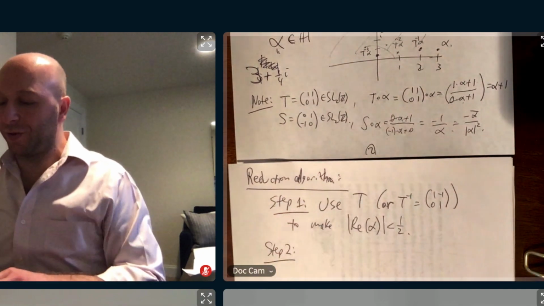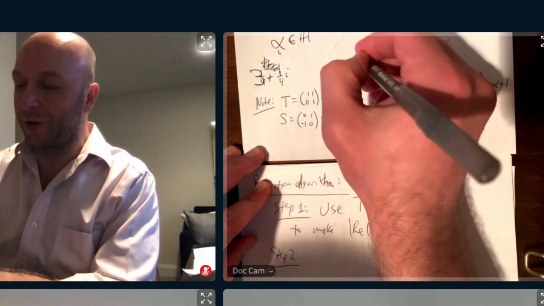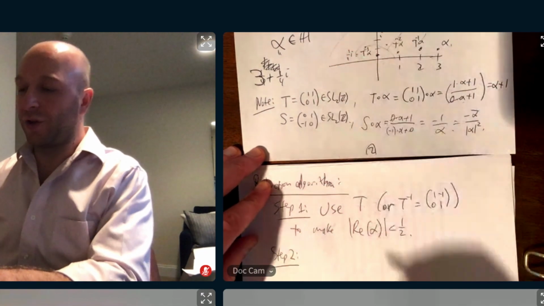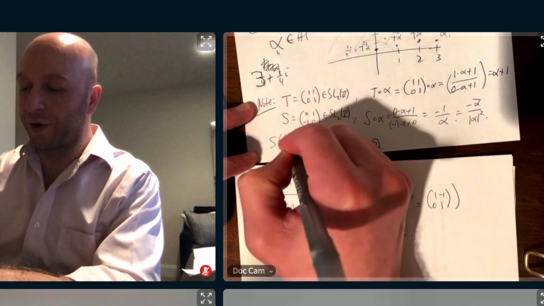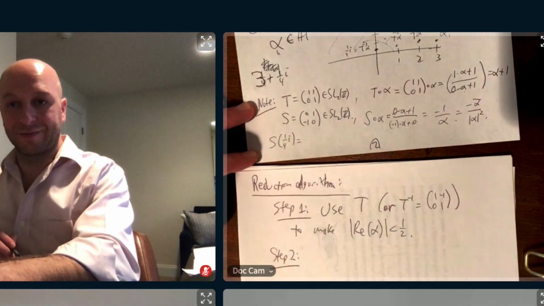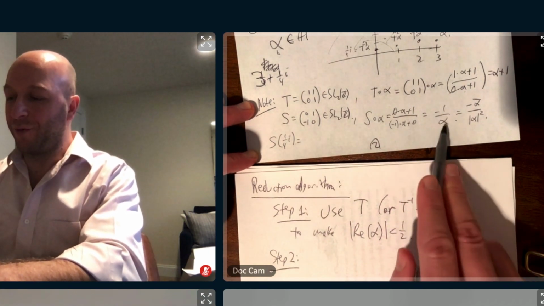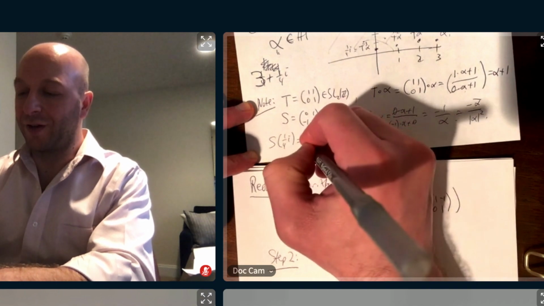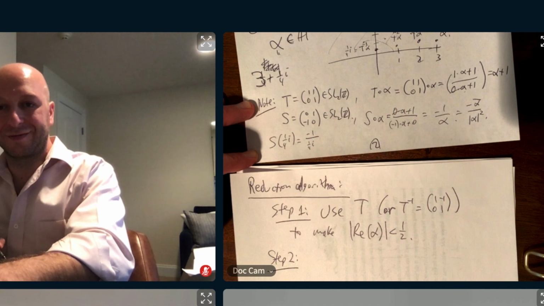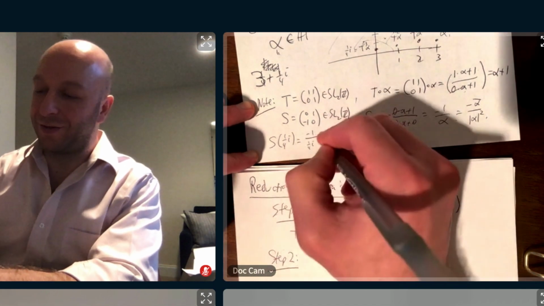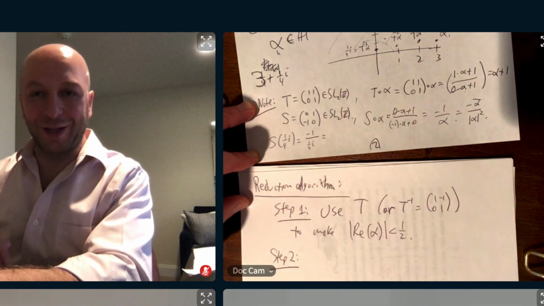So what does this do? Well, this number is 1/4 i. So let's work out what S of 1/4 i is. It's -1 over 1/4 i. Well, what does this simplify to?